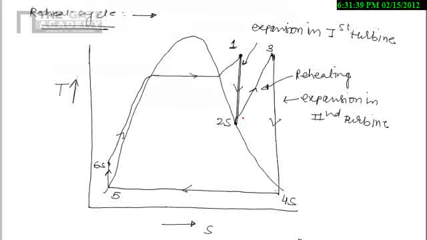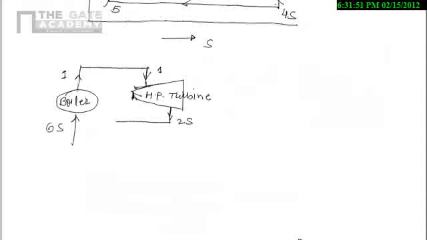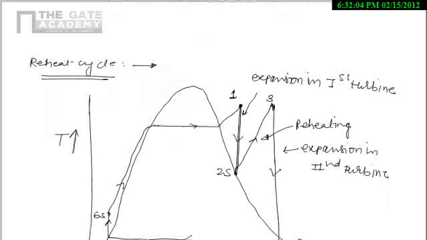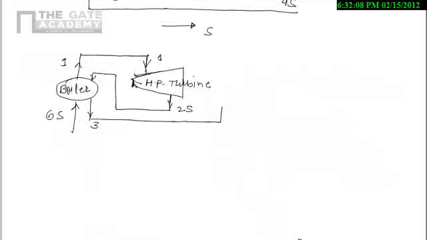Now this 2s will again go into the boiler and then it will leave at 3. This steam will again enter into the low pressure turbine.